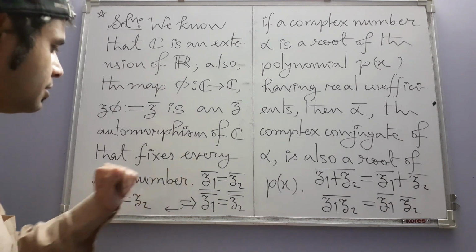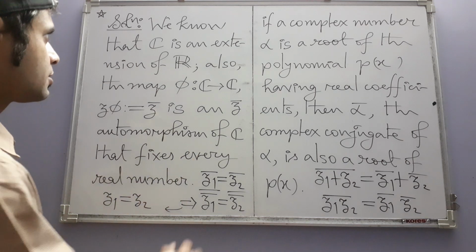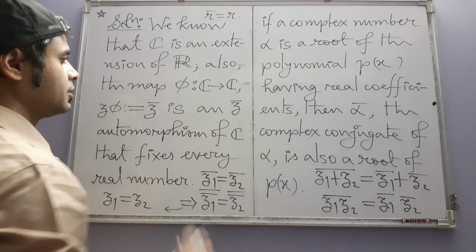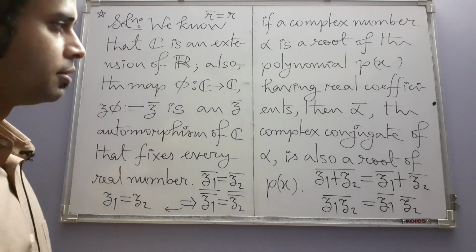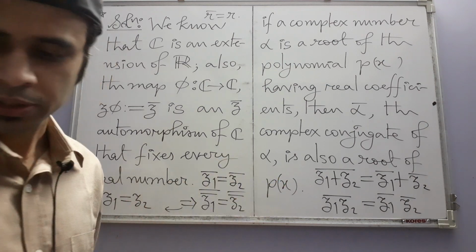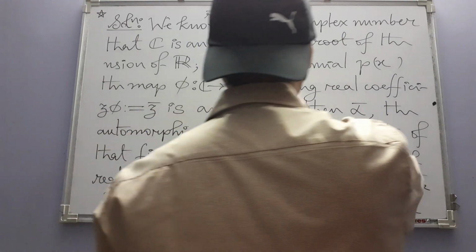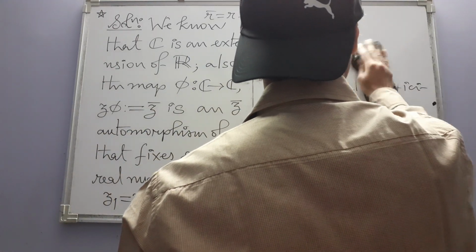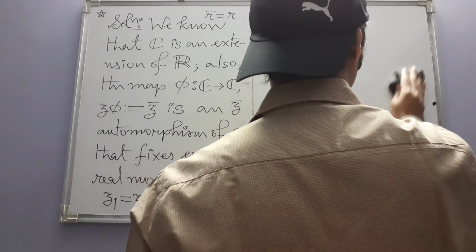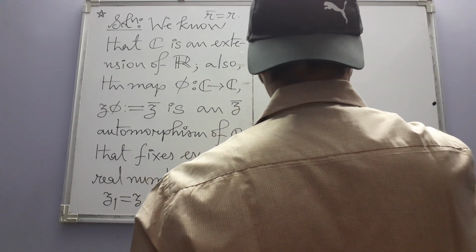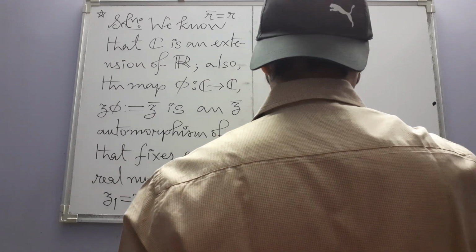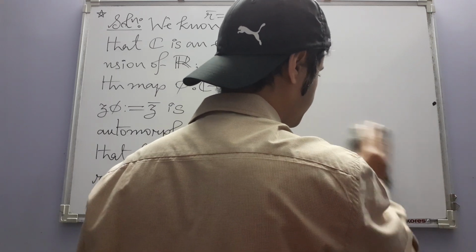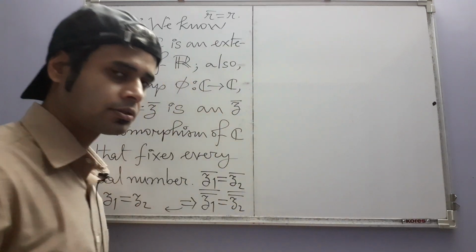And why does it fix every real number? That's because you know that the complex conjugate of a real number is the real number itself. So that's why we are now in a position to apply the result of exercise 11. And also because our polynomial p(x) has real coefficients, that means it is a polynomial in the polynomial ring R[x].